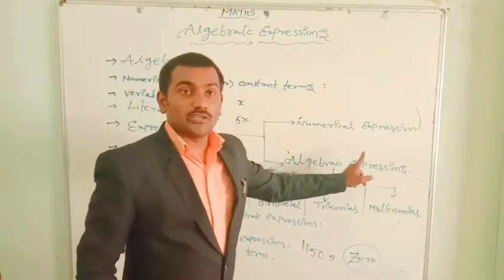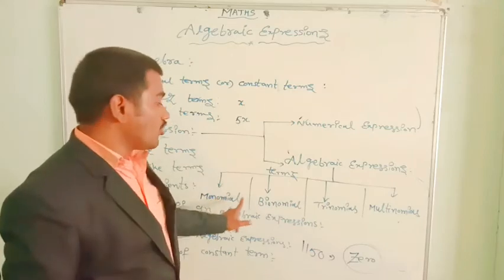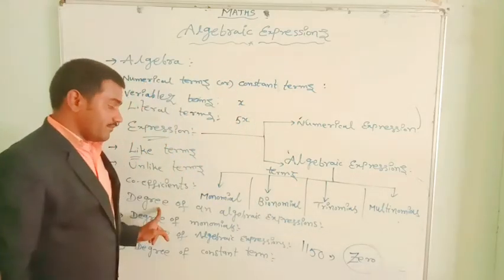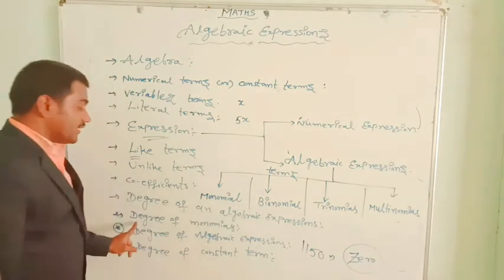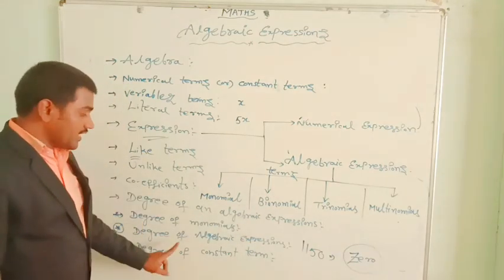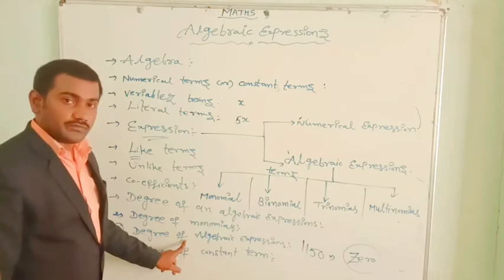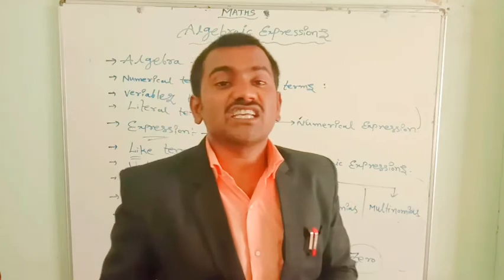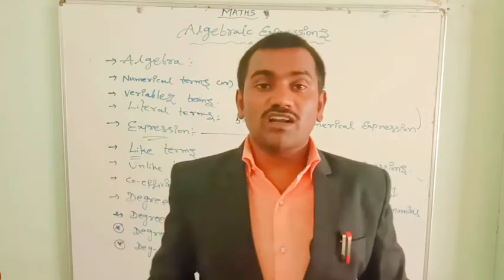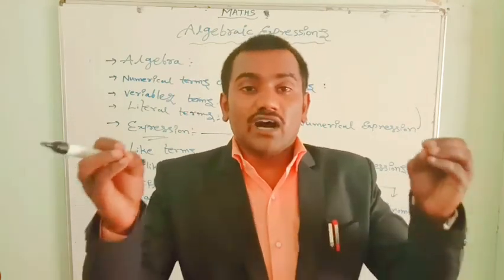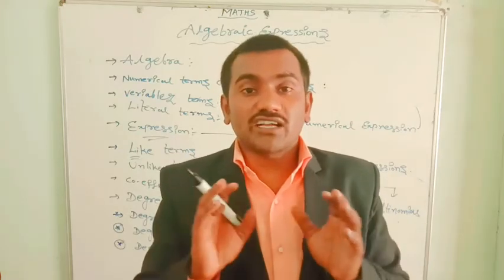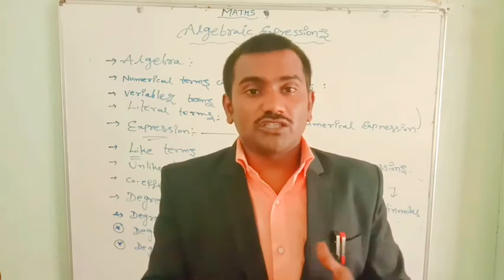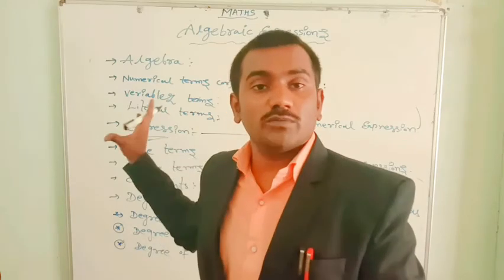The types of algebraic expression based on terms: monomial, binomial, trinomial, multinomial, and the degree of an algebraic expression: degree of a monomial, degree of an algebraic expression, and degree of a constant term. The only thing left now is the basic operations of algebraic expressions: how to add, subtract, multiply and divide, that means how to do the operations on algebraic expressions.